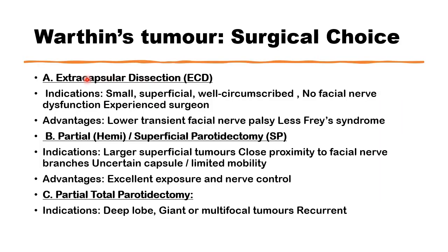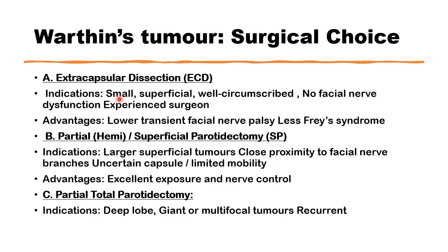Out of the three surgical options for excision of the Warthin's tumor, the extracapsular dissection is the most conservative. It may be indicated in a small tumor, less than 3 centimeters, in the superficial lobe, well circumscribed, and not affecting the facial nerve directly, and if availability of an experienced surgeon is there.